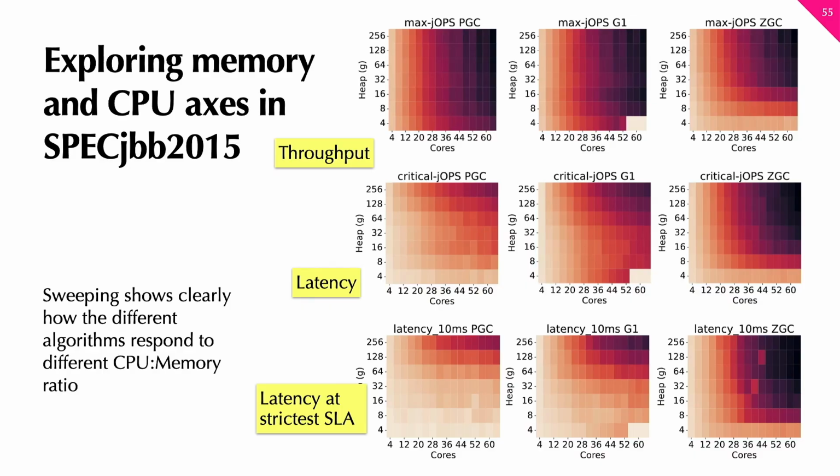If you look at latency, we're now seeing a completely different way that the gradients are scaling, right? If throughput in Parallel was essentially horizontal, now it's almost vertical. So the more memory we give it, that memory seems to be very important for getting a good latency result for Parallel, and that's even more emphasized if we look at the strictest SLA, which is 10 milliseconds for SPECjbb.